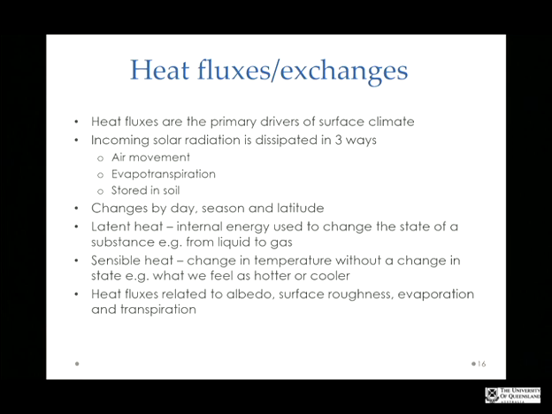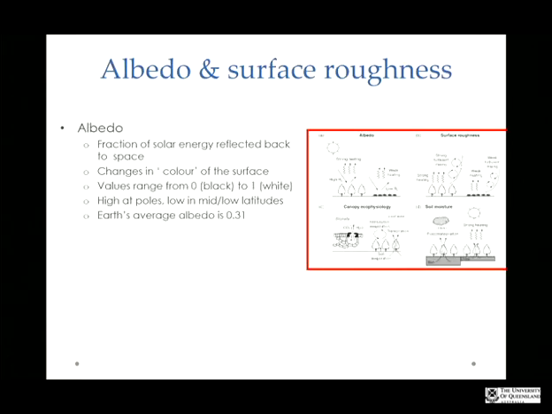Those heat fluxes relate to the albedo, which is the reflectivity of the Earth, surface roughness, which affects how much it circulates within the atmosphere from the Earth's surface, and then evapotranspiration.